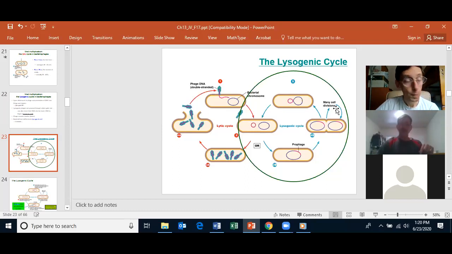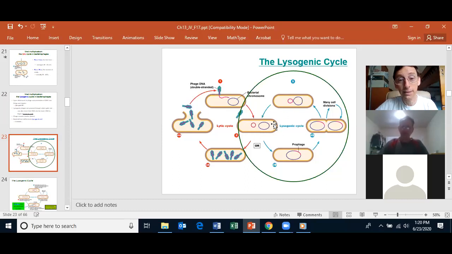Does there ever come a time when a cell that's in the lysogenic cycle ever turns its enzymes back on and goes back into the lytic cycle? The lytic life cycle, yes it does. What happens is sometime later in the bacteria's reproduction, on one of the cells, it doesn't have to happen on all of them, usually it's just one of the cells, the viral DNA excises itself from the host chromosome.